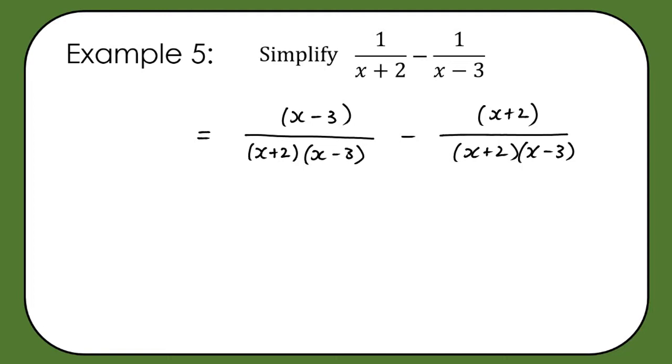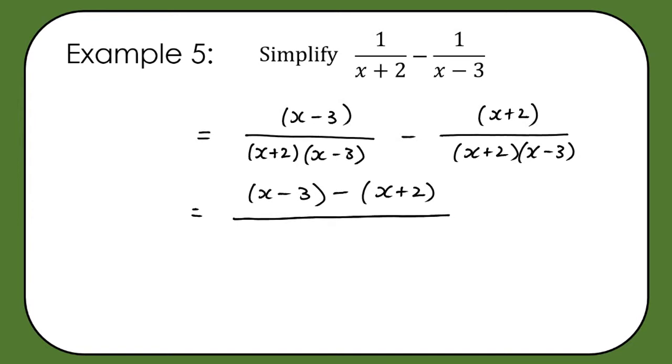So now we have two fractions with common denominators, so we can subtract the numerators, again being careful about the fact that we're subtracting the entire second numerator. So we've got (x minus 3) minus (x plus 2). So the brackets around that first numerator are a bit irrelevant, but the second set of brackets are extremely important.